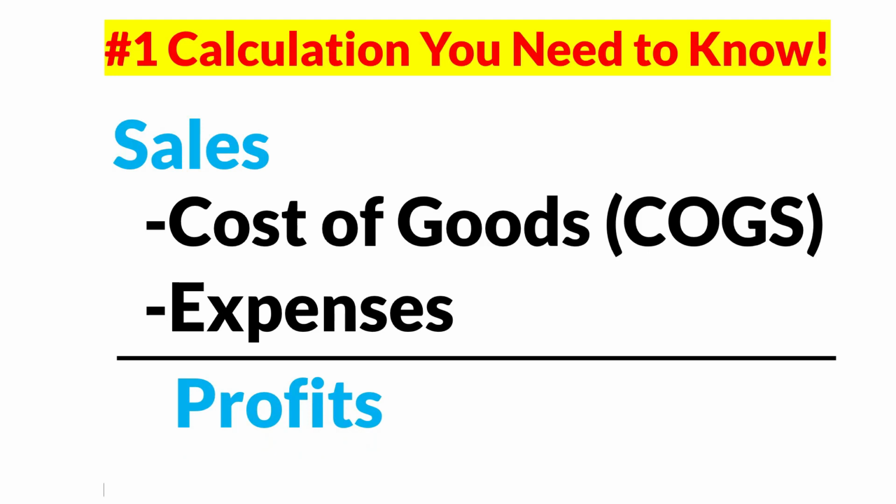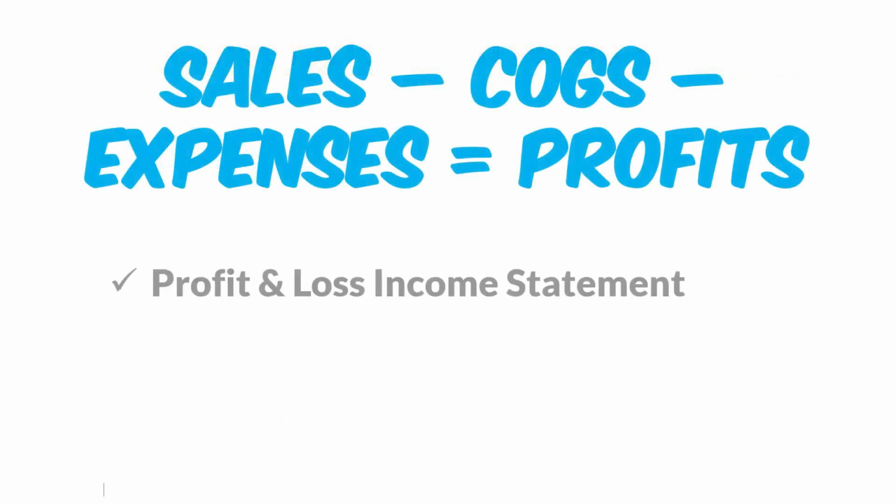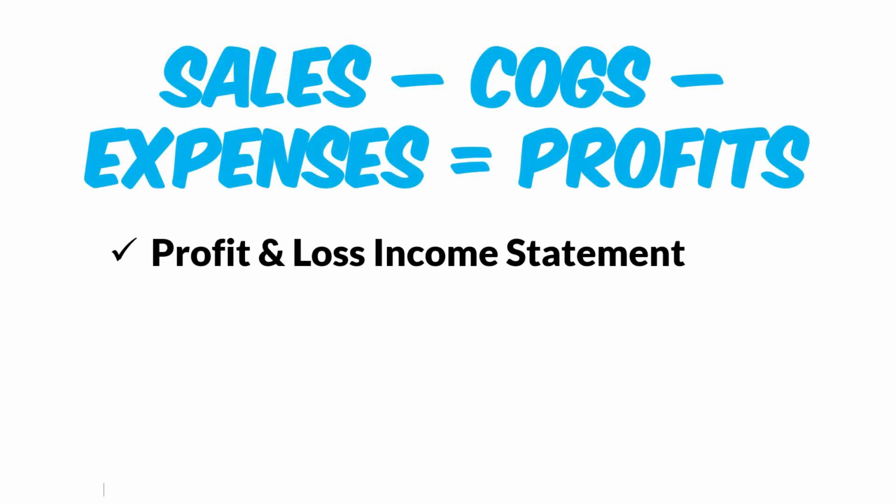You're going to notice that this is how the flow of your P&L goes. I don't have gross margin in here because all it is doing is telling you a snapshot between the sales and the cost of goods. The reason I want you to memorize sales minus cost of goods minus expenses equals profits is that those were the big buckets of where money was coming out of the business as it was flowing through the business. And what we saw is it's a huge deal on your profit and loss statement.